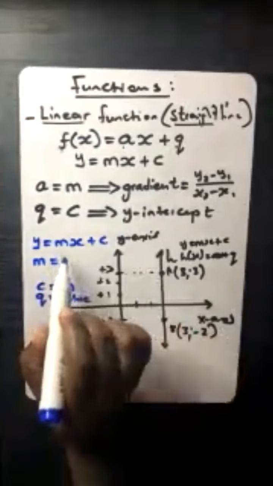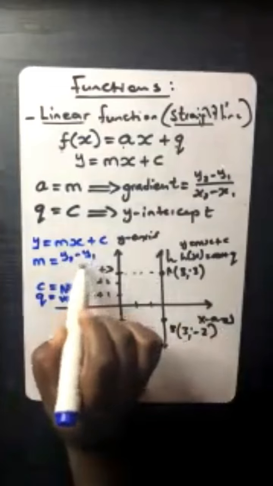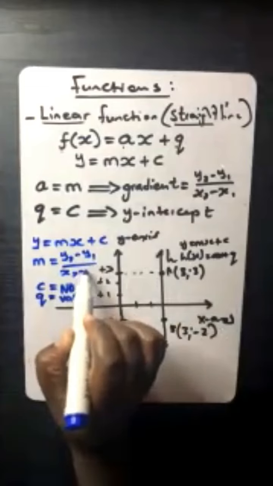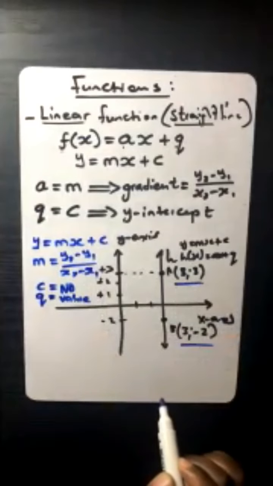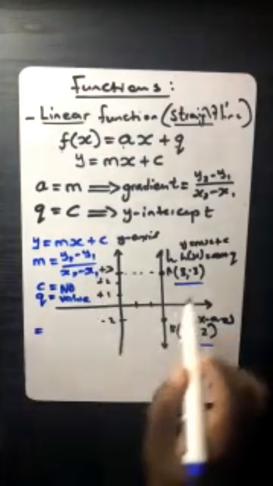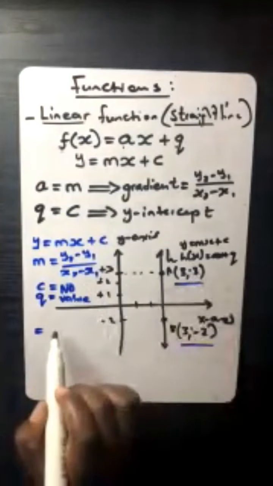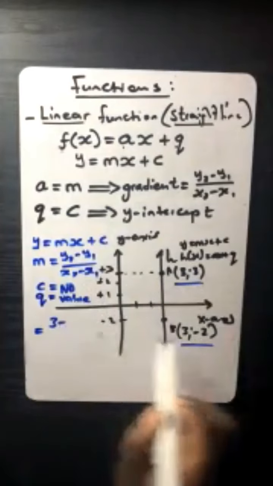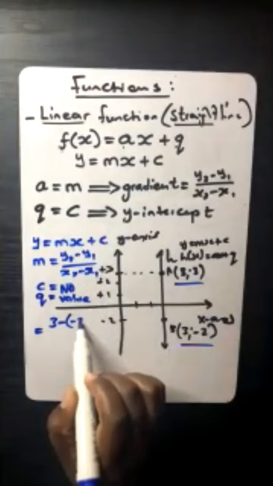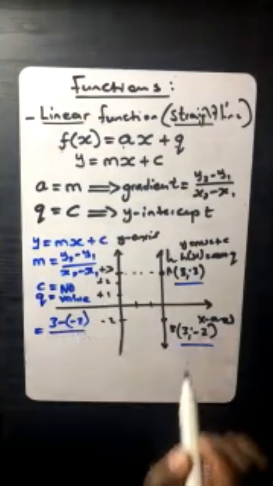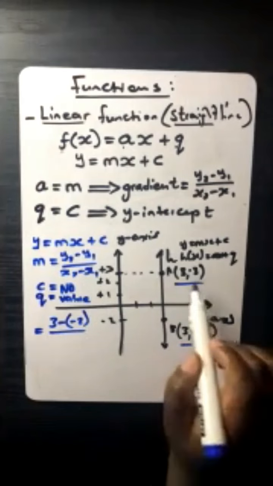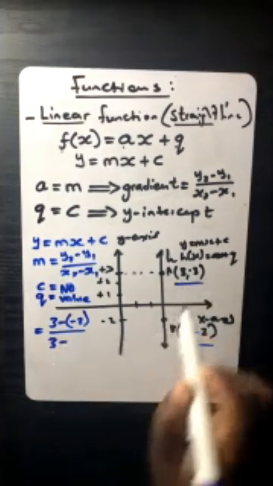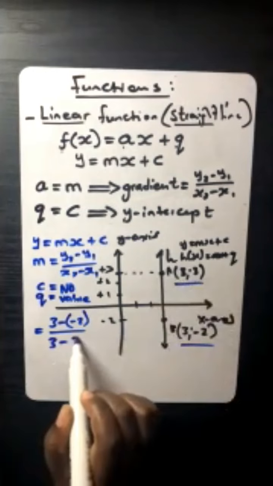So I'm going to explain the gradient. The gradient, obviously, we know is y2 minus y1 over x2 minus x1. So let's try to substitute these two values. That is the y2, it's 3 minus negative 2, being the second y value, and then we have 3 being the x2 minus x1.